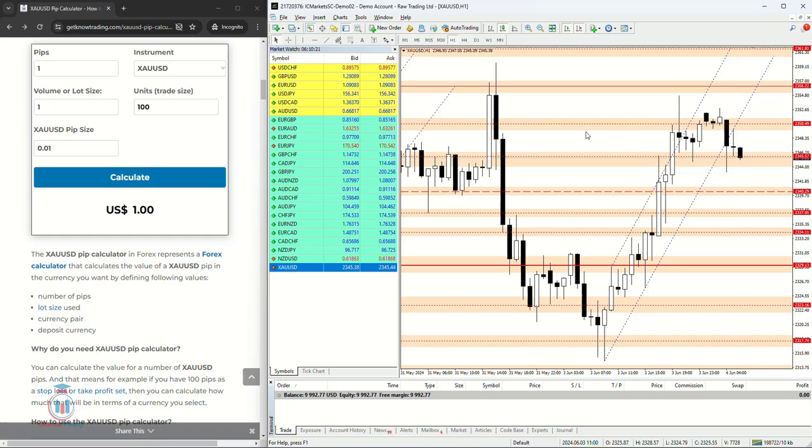This is how you calculate the value of 1 pip. So if the price changed by 150 pips, this will be changed by $150.